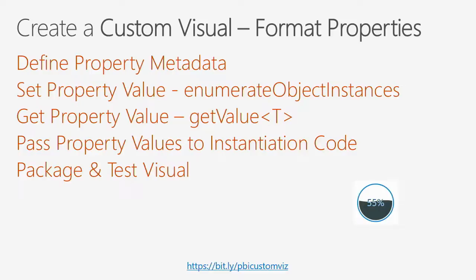One of the issues I ran into is that this currently doesn't work with your local development visual. So you actually have to package your visual to test out the format properties. The fix will be in production in a couple weeks. I gave them a really hard time about it. I know all those guys over there, so hopefully they're going to push that out soon. But what that does give us is the ability to see how we package a visual, basically zip it all up so you can share it with a friend.